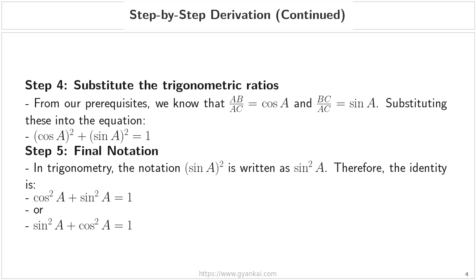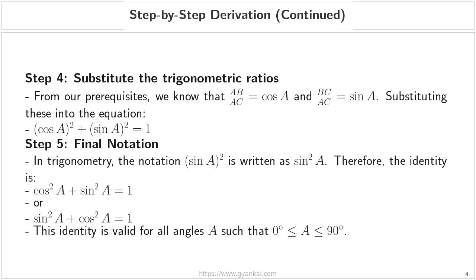So, rather than writing sine of A all squared, we write it as sine squared of A. Following this convention, our identity is expressed as cosine squared of A plus sine squared of A equals 1, or, as you will more commonly see it, sine squared of A plus cosine squared of A equals 1. It is important to note that for this specific derivation using a right-angled triangle, this identity is valid for all angles where the angle is between 0 and 90 degrees, inclusive.